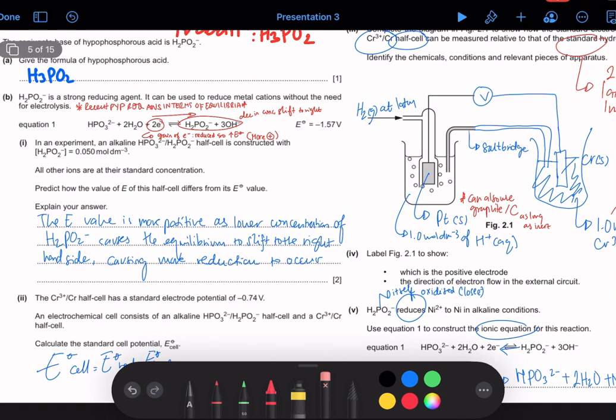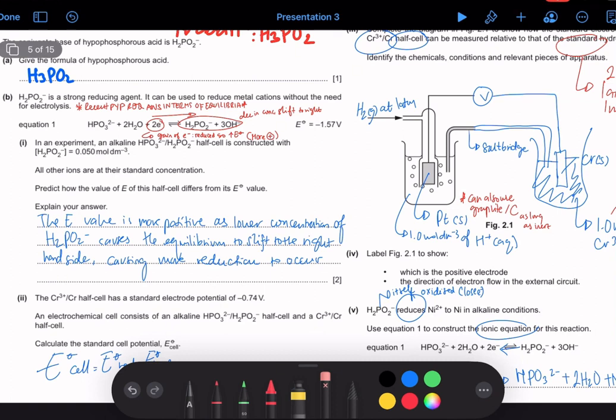All other ions are at their standard concentration, and predict how the value of E of this half cell differs from its standard value. Explain your answer. Your E value is more positive as the concentration of H2PO2- becomes lower.